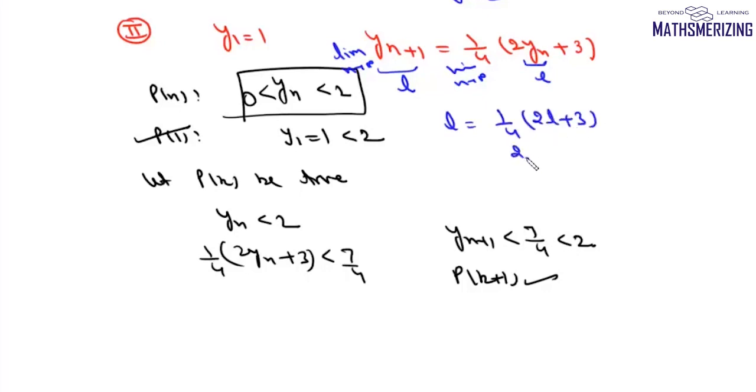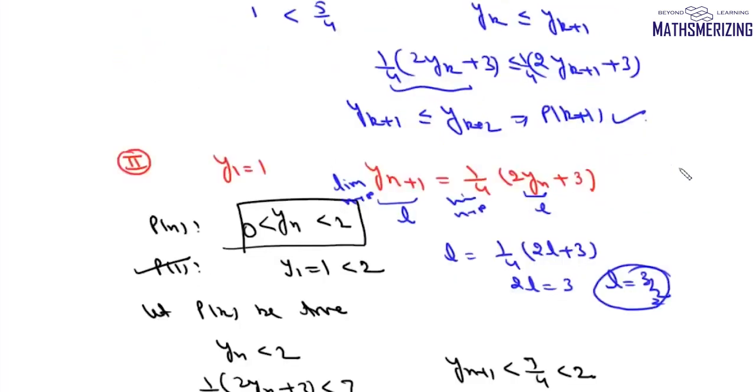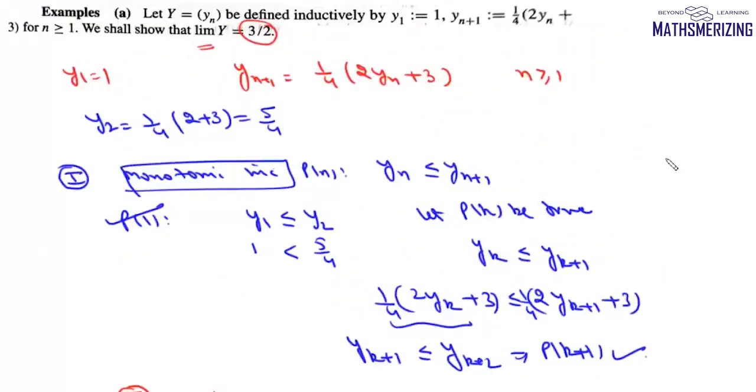So it will be 2L equals 3, or the value of L is 3 by 2. So this sequence will converge to 3 by 2, that is, the limit as n tends to infinity of yn will be 3 by 2.